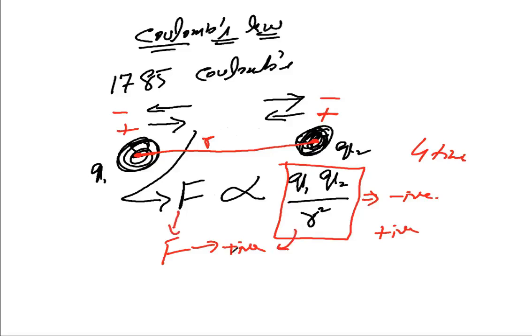And negative in opposite charges. So as force is directly proportional to Q1 Q2 divided by R square, force will be equal to K Q1 Q2 divided by R square, where K is the constant of proportionality.